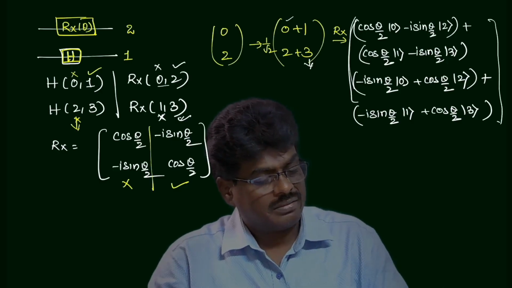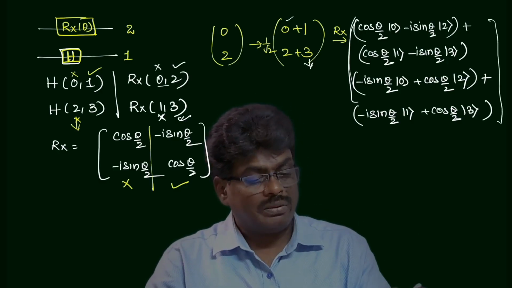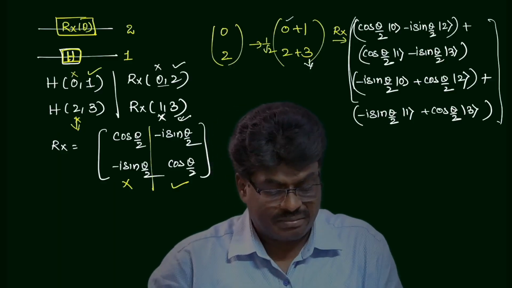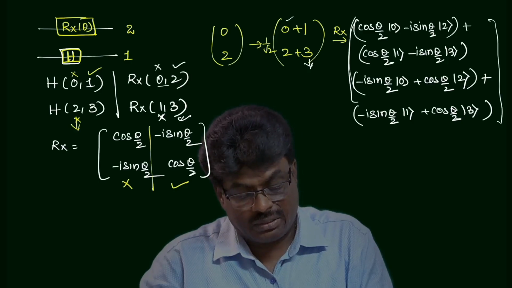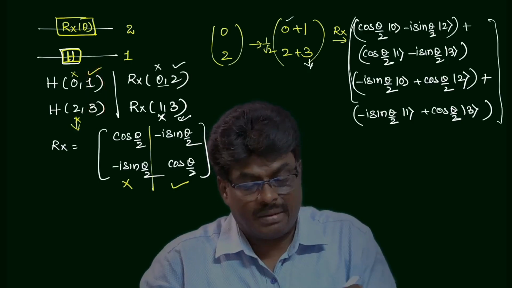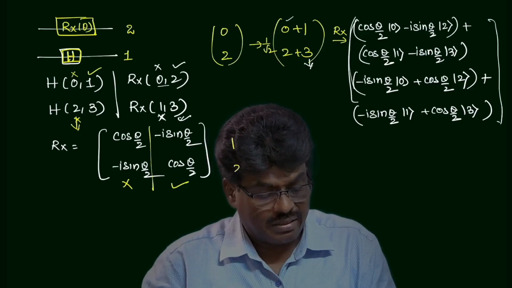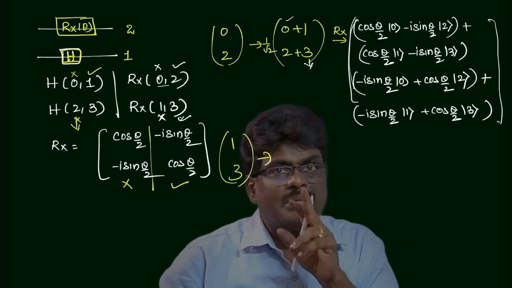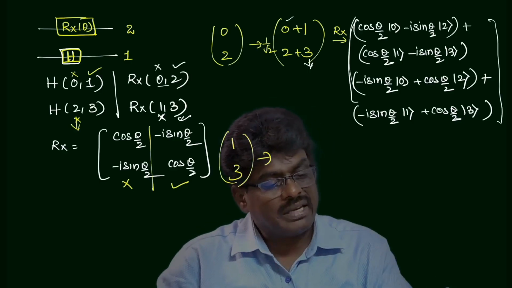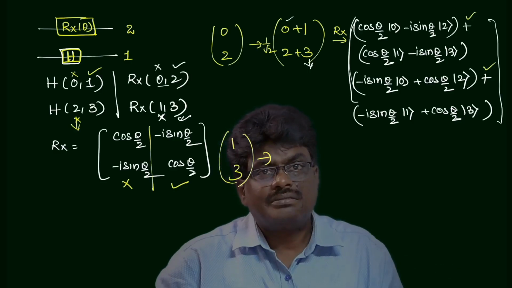Okay, now you need not worry about the other one. Just now I told you the next elements here, 1 and 3, I'm taking. So for this 1 3, I need not do all these things. Where is the middle sign? Please observe. The middle sign is this one. Just change that.